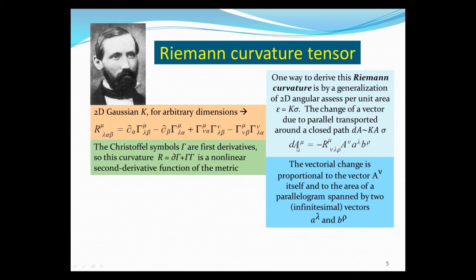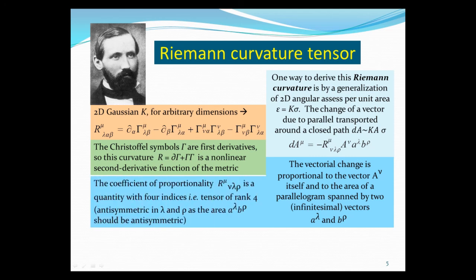So the angle is dA over A, therefore dA is proportional to A. This is basically the same formula extended to higher dimensions. This proportionality constant with 4 indices is a rank 4 tensor, and because the area is antisymmetric, the last 2 indices must be antisymmetric.